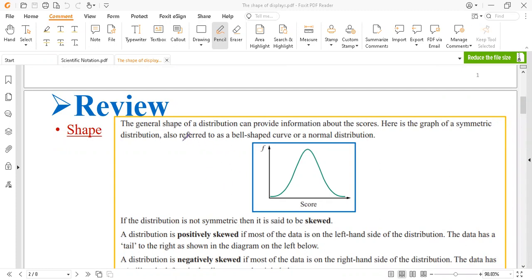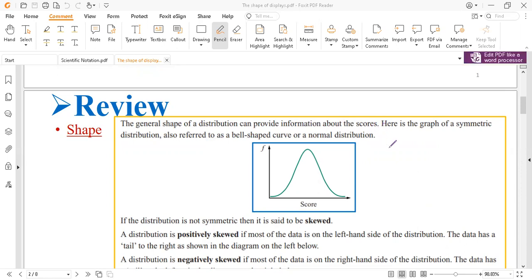In general, we should know that the shape of a distribution always provides information about the scores. By scores, we mean the results of the observations of a statistical survey.